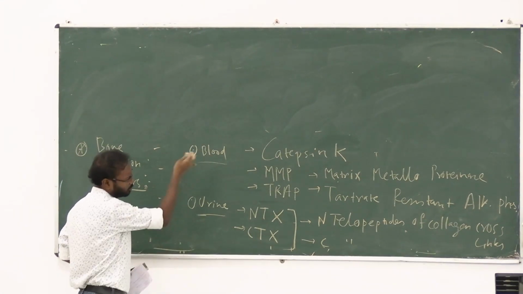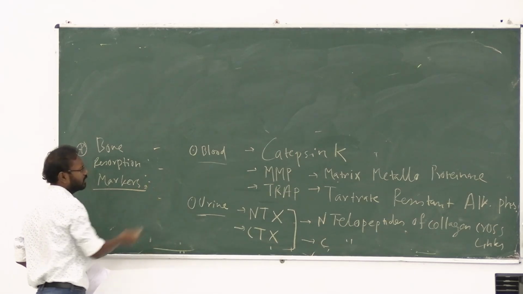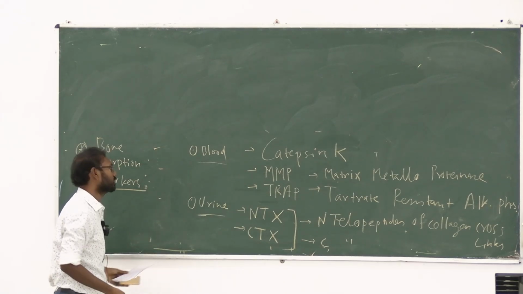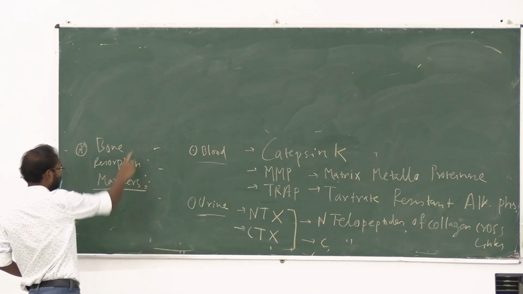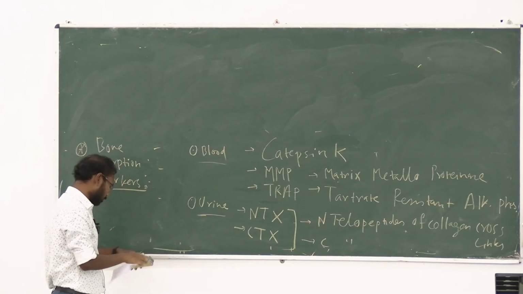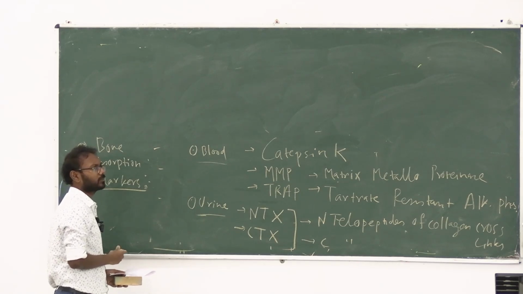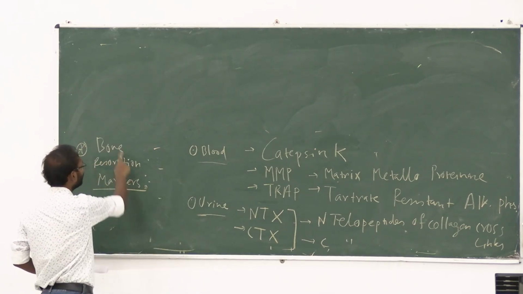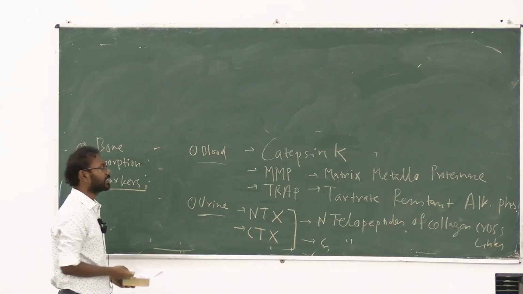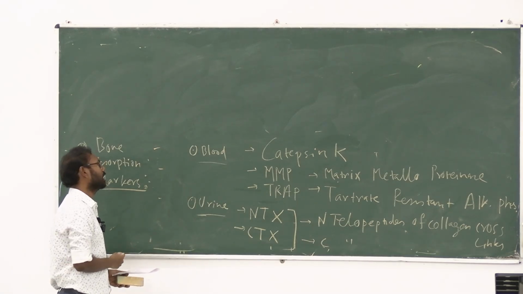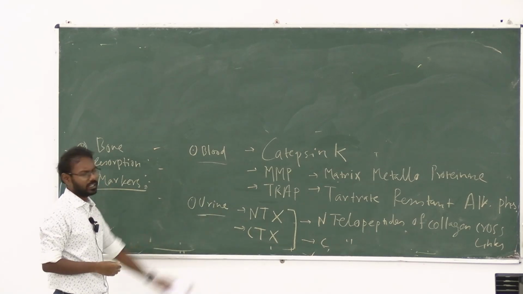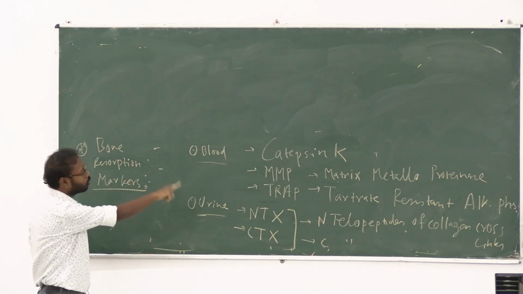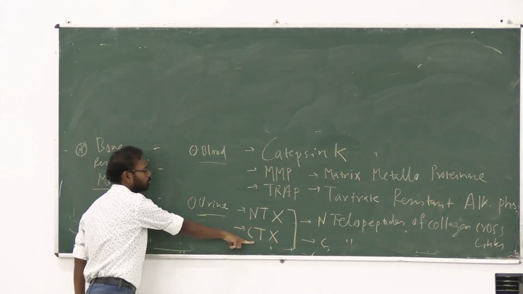Okay, if a question comes we have to write all this down. Preferably, this is actually a little hard for your age and your syllabus, but since it's in the book, the question can come, you have to write. So repeat once more. What were the bone formation markers? Three. Osteocalcin, alkaline phosphatase, and propeptides of type 1 collagen. And bone resorption markers in blood and urine. In blood: cathepsin K, MMP and TRAP. MMP is matrix metalloproteinase, TRAP is tartrate resistant alkaline phosphatase. And in urine, NTX and CTX: N telopeptides of collagen crosslinks, X for collagen crosslink, and C telopeptide of collagen crosslinks.